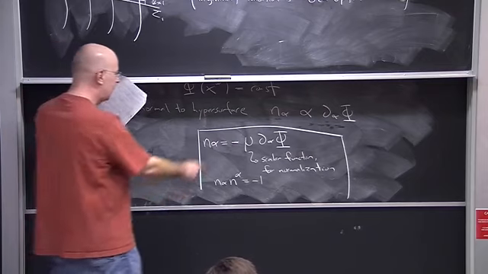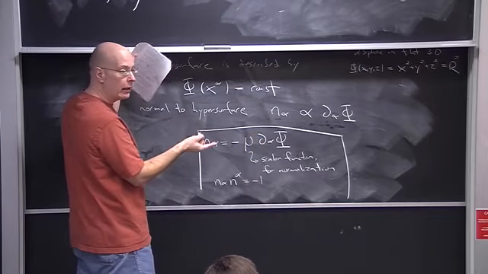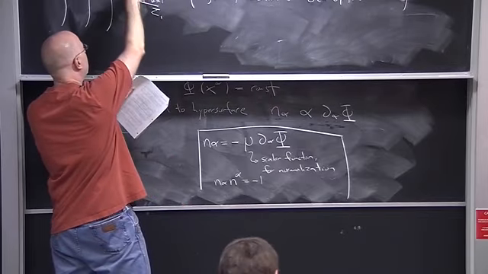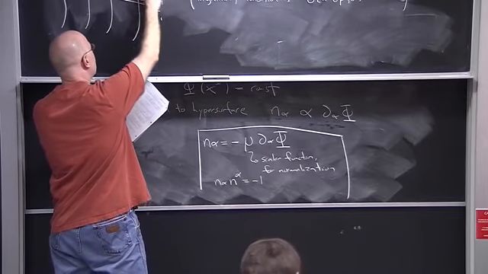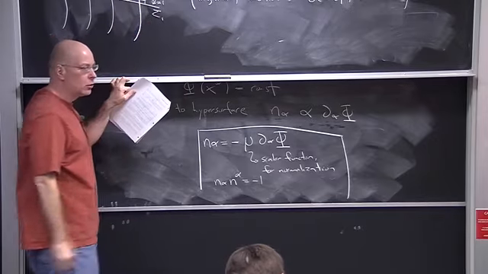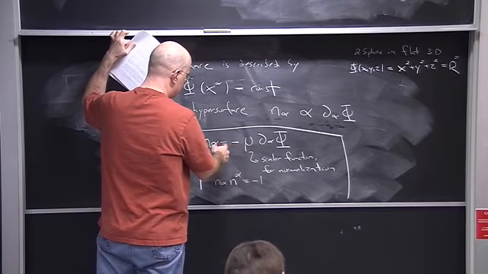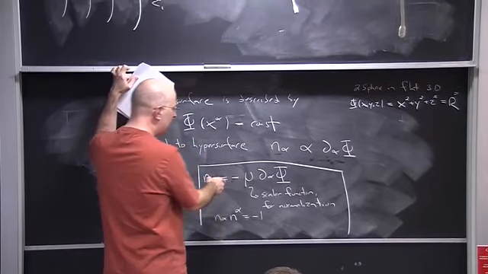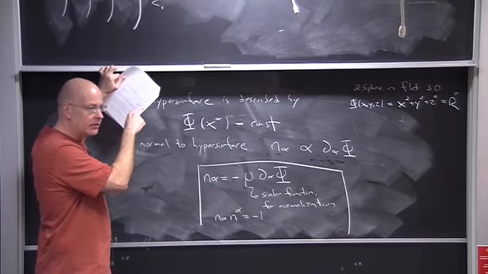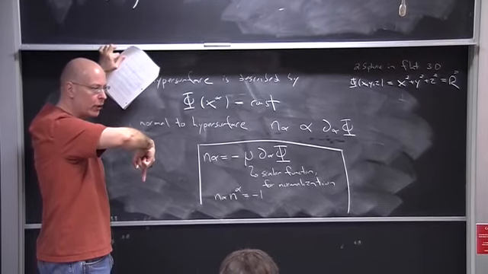If I didn't have this minus sign and I were to raise the index, suppose I'm working in a local Lorentz frame, and suppose that I pick each hypersurface here to be a surface of constant t, then after raising the index, if I didn't have this minus sign, I would find that n with the index up would be negative instead of positive, so it would be past pointing as opposed to future pointing.